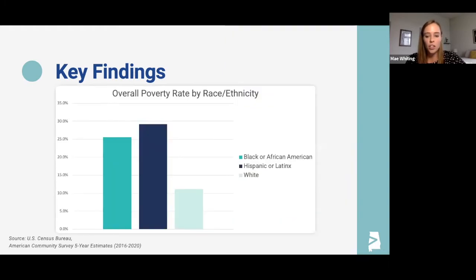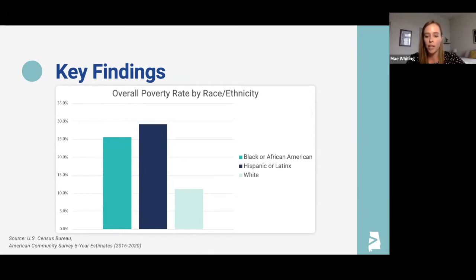We also already mentioned some of the big differences that we're seeing across counties in our state. And we also see some pretty stark disparities across race and ethnicity. Looking at the 3 largest racial and ethnic groups in our state, we see that poverty rates across these 3 groups are very different.